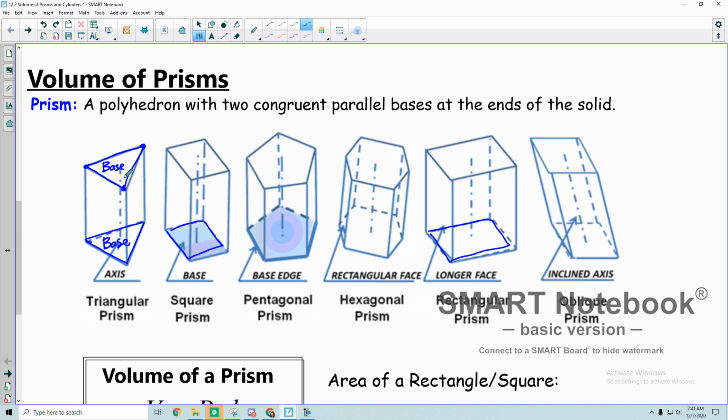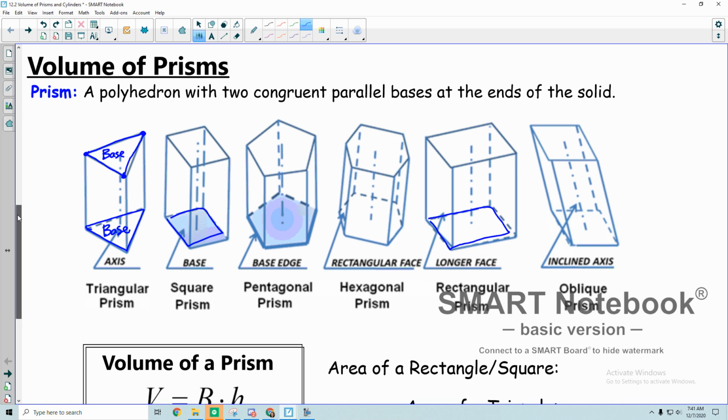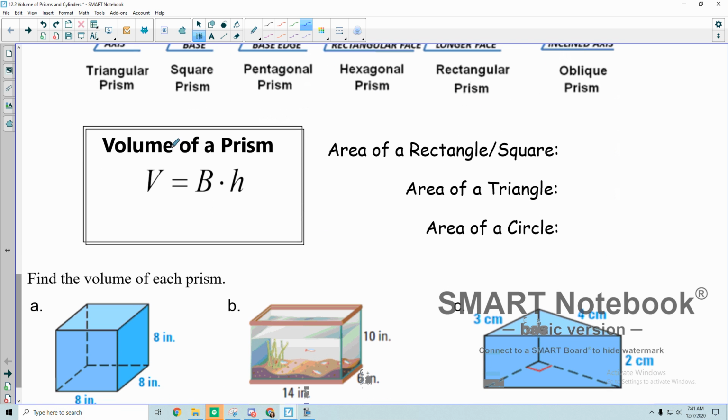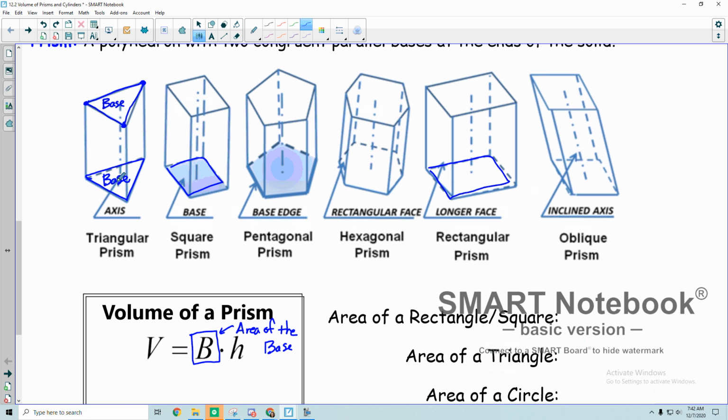To find the volume of each of those three kinds of prisms, we would use the exact same formula for each of them, and it's the same formula that we used for the cylinder. It's going to be V for volume, is equal to B, where B stands for the area of the base, whatever that shape is, maybe a rectangle.